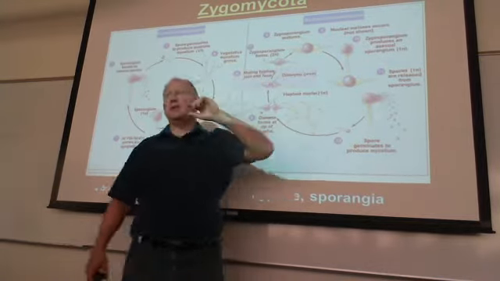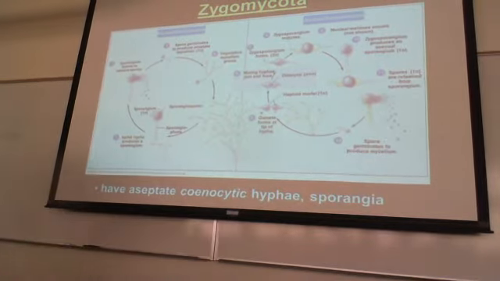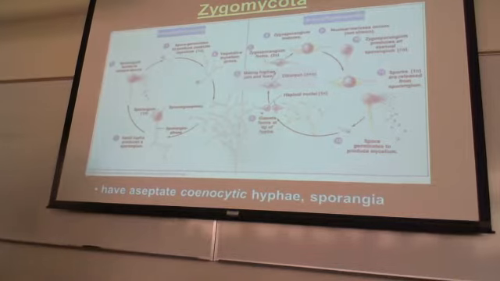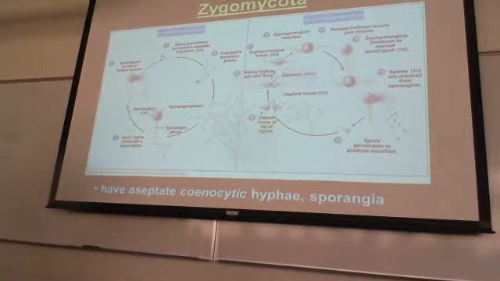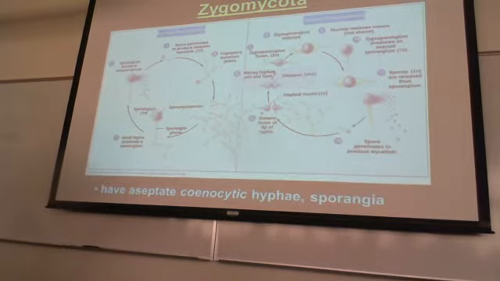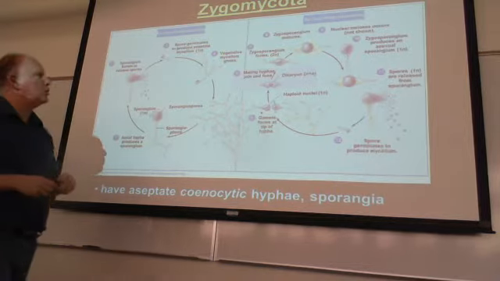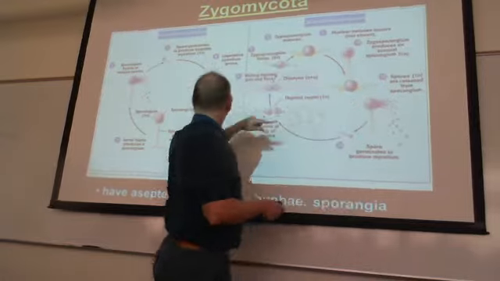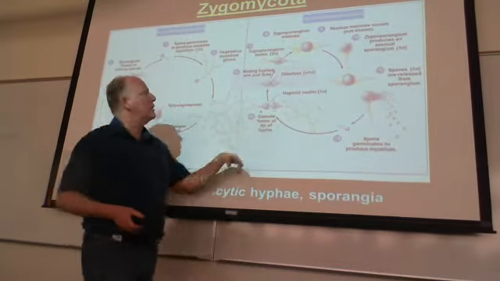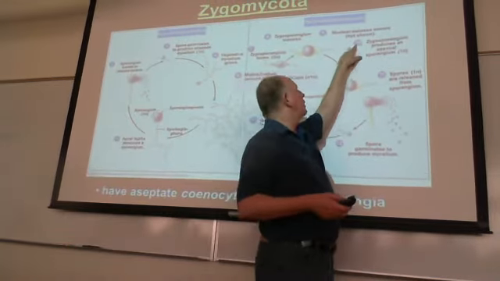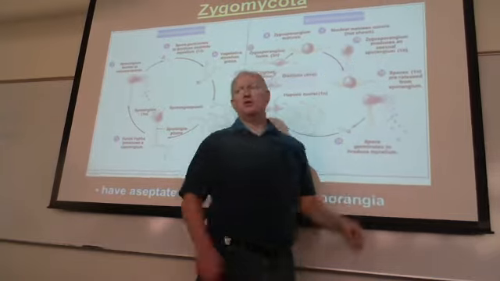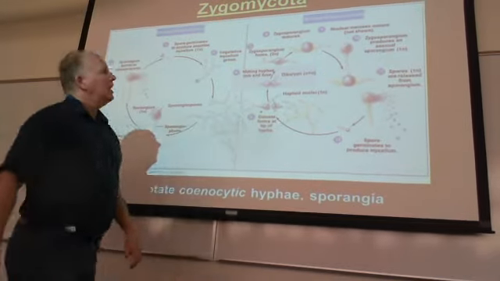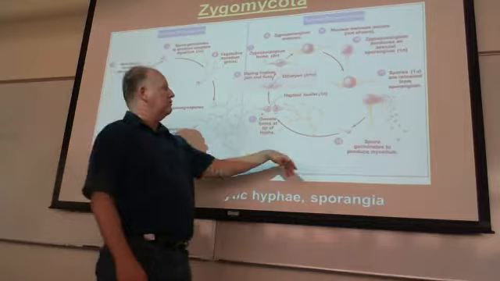You'll see these in lab in a couple of weeks. A very large, prominent structure that's kind of brownish in color and has a rough-looking surface, almost like a little pine cone. And from that is going to sprout one of these, right? Just like that. Okay? So you have a sporangiophore with a sporangium at the tip full of sporangiospores. And then that'll rupture and release and so forth.